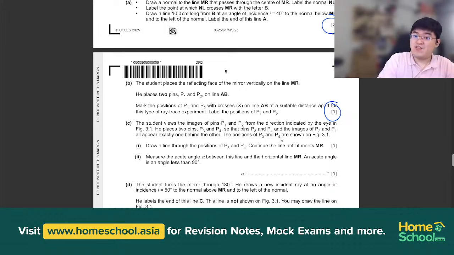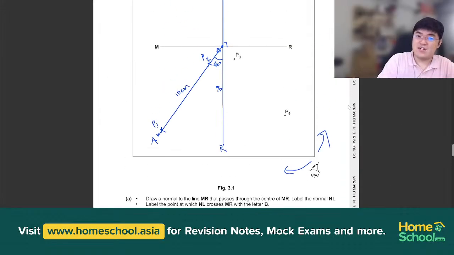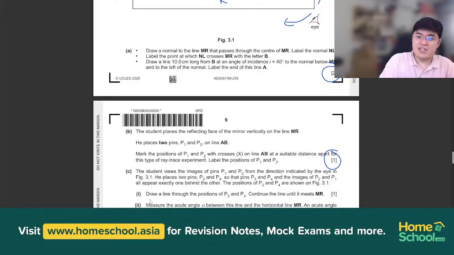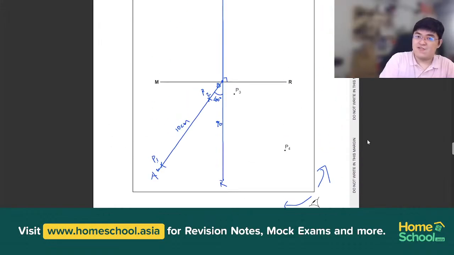So the positions P3 and P4 are shown in figure 3.1 over here, okay? Now we are to draw a line through the positions P3 and P4 and continue until the line meets MR over here. So let's draw a line between P3 and P4.